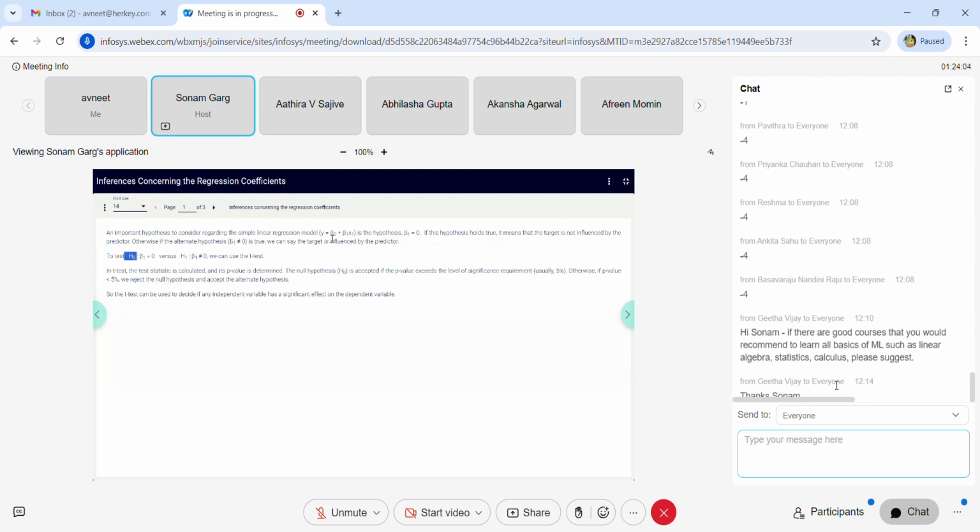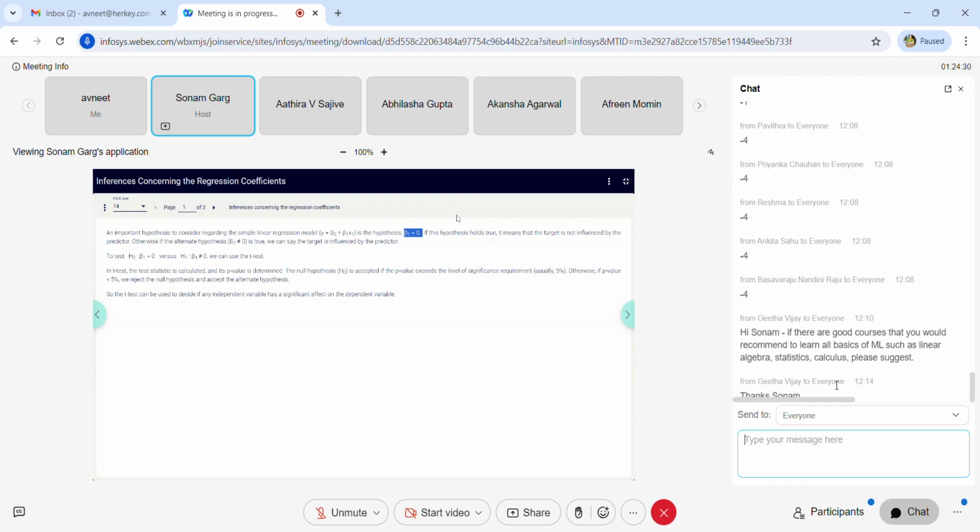Now assume that we have this equation. If you say that y is not dependent on x, y does not depend on x, then can we say that beta 1 will be 0? Isn't it? Our job is to prove y is dependent on x.